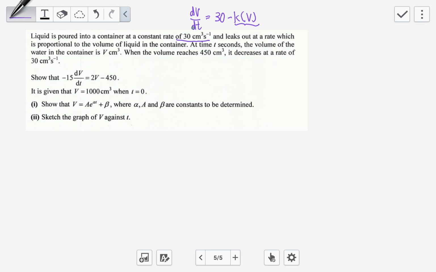So straight away, based on this sentence, I can write this differential equation.